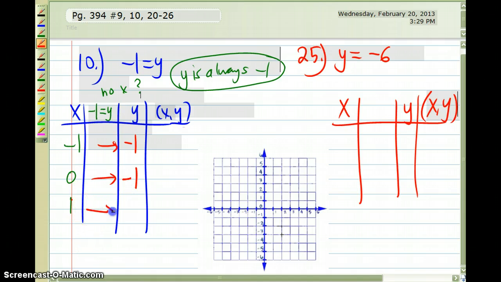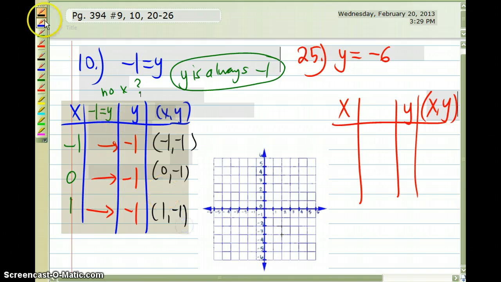The number 1 will always give you the outcome of negative 1. And that means that our 3 points are going to be negative 1, negative 1; 0, negative 1; and 1, negative 1. Now, if you chose different numbers than I did, you'll just have that different number for your x, but then your y should be negative 1.